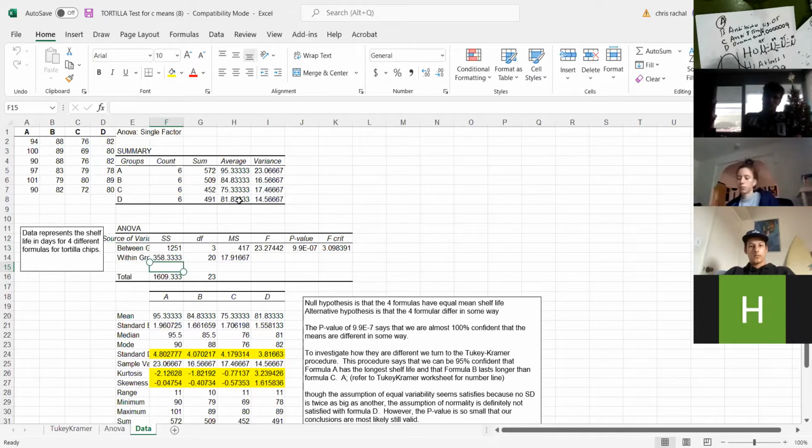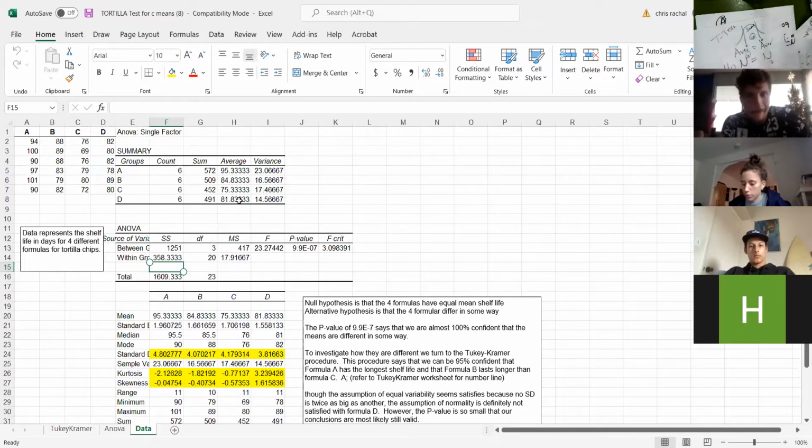But 1 minus the p-value tells us how confident we are in the alternative. So if we had a p-value of 0.20, we would say there's insufficient evidence to reject the null, but we're 80% confident in the alternative. We need to be more than 95% confident because that's what our confidence interval is. Okay.